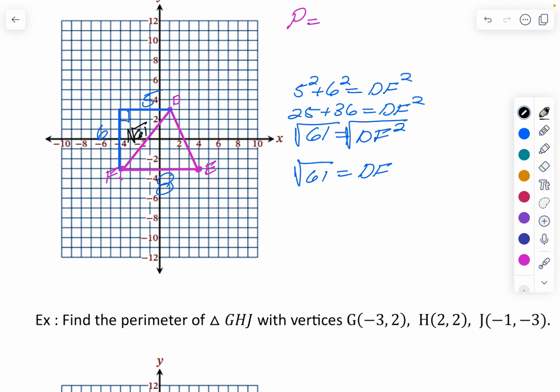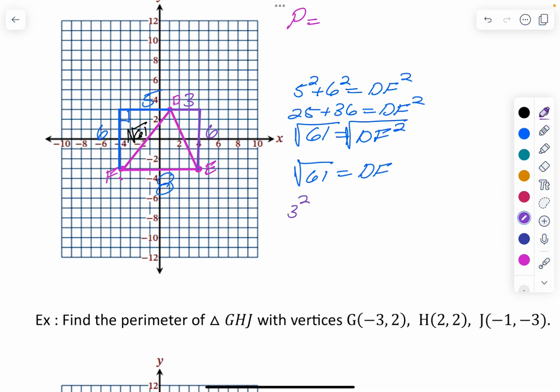Now we need to find DE, so let's do that. So if we rectangle that off, this is 3, this is 6, like the other side.